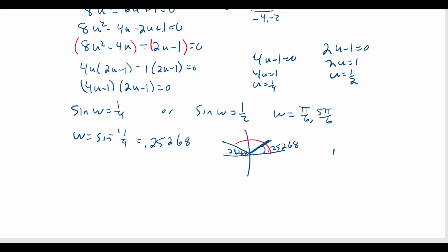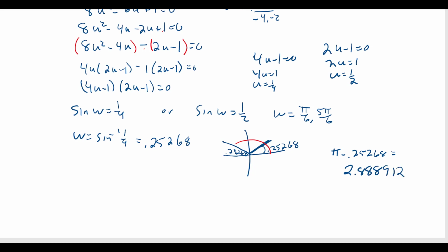So pi minus 0.25268 is what? I come back to my calculator here. I have a pi button. Pi minus 0.25268, and I get 2.88891.